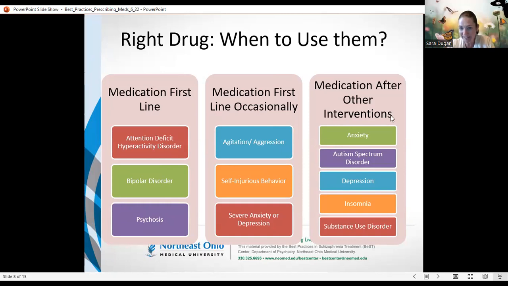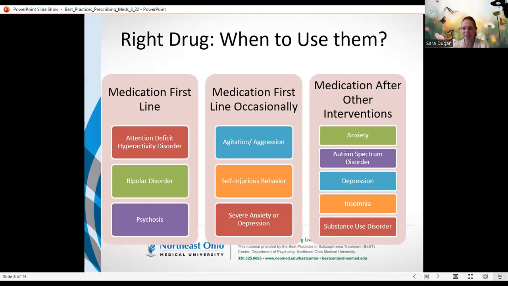Some of our other conditions are on the opposite end of the spectrum, where maybe we're not going to medicines right away. Insomnia, I think, is a great example. Sleep hygiene, I think all of us could improve our sleep hygiene. So maybe looking at some of those things before we start to prescribe or utilize a sleep medicine would be in our best interest. And then there's quite a few that may fall right into the middle.